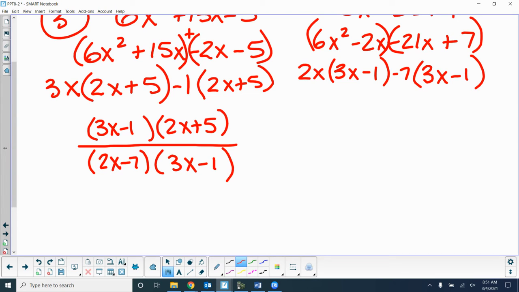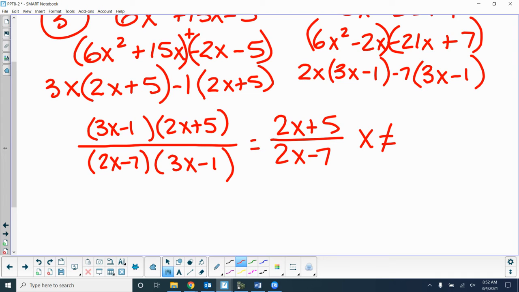Do we have any common factors top and bottom? Yeah, 3x minus 1. So they go away, right? They cross out. So before I cross them out so we can see them, I just want to see them so I can do this part. What number for x makes this side equal to 0? 7 over 2.